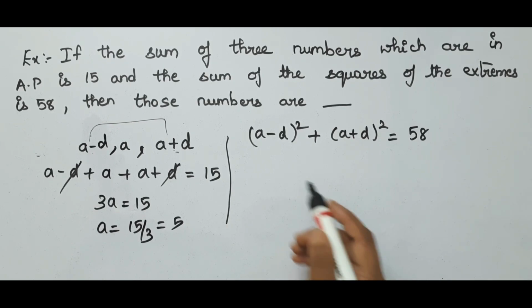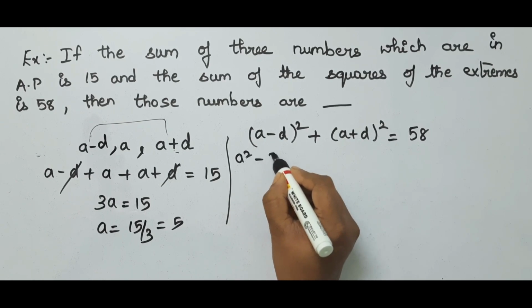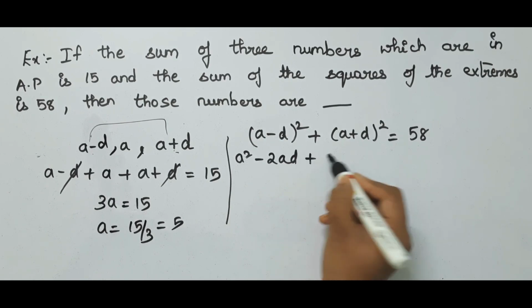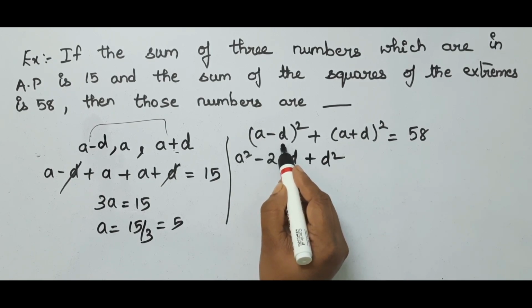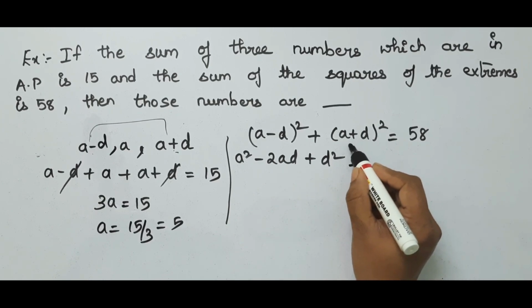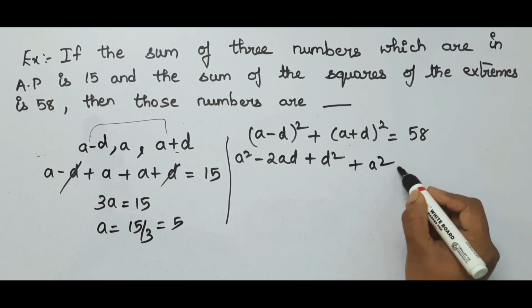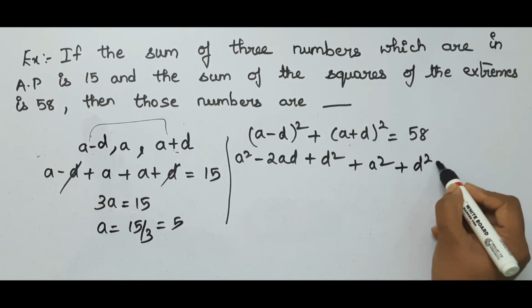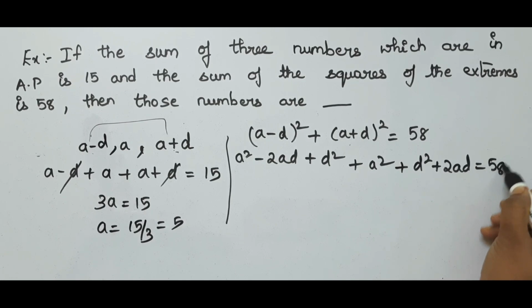Now let us simplify. So this becomes a square minus 2ad plus d square. And (a plus d) whole square is nothing but a square plus d square plus 2ad, using the algebraic identity, so I am using that. It is equal to 58.